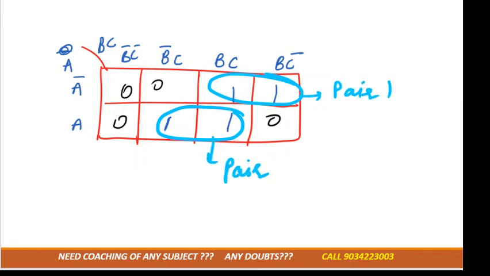Okay, now some students think that this one can also be paired. So the answer is no, this can't be paired because these ones are already included in another pair. Remember, I'm giving you an example. This is your class. Okay, one student is here, one student is here. If they sit side by side, then they can make a friend.